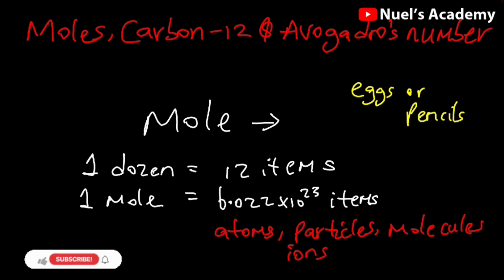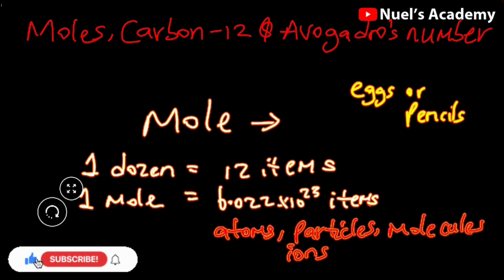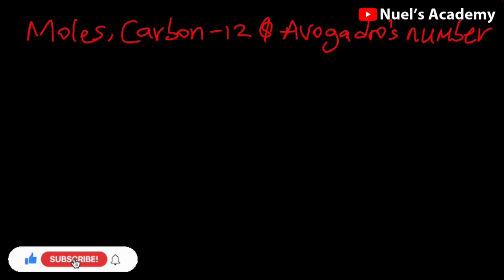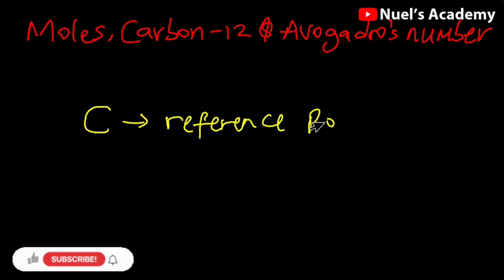Now let's discuss carbon-12. In this section, we are going to see the scientific definition of moles. The element carbon is used as a reference point in the definition of moles of a substance.